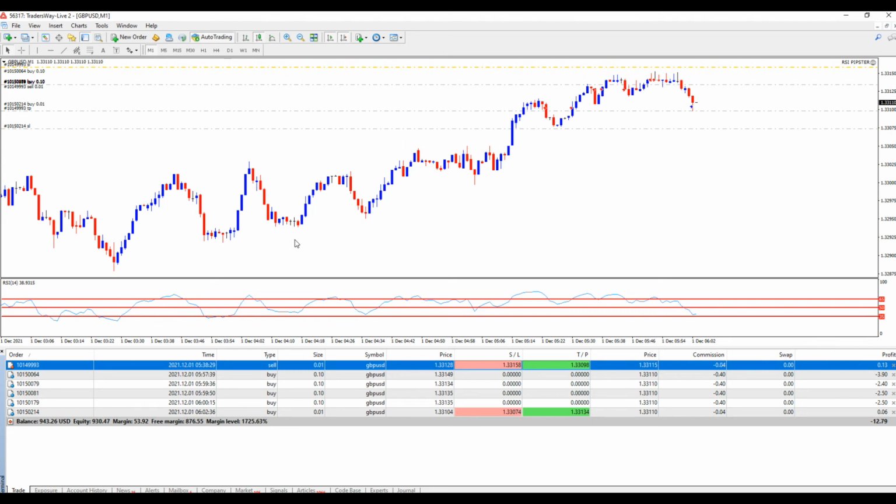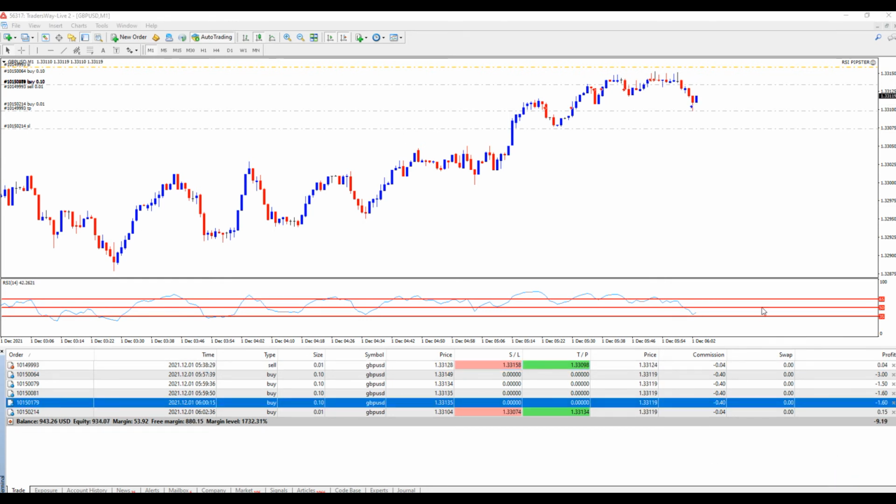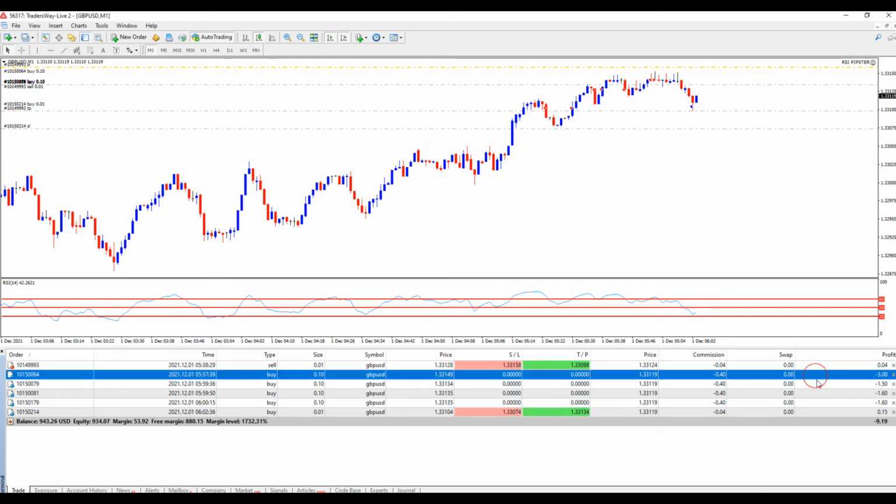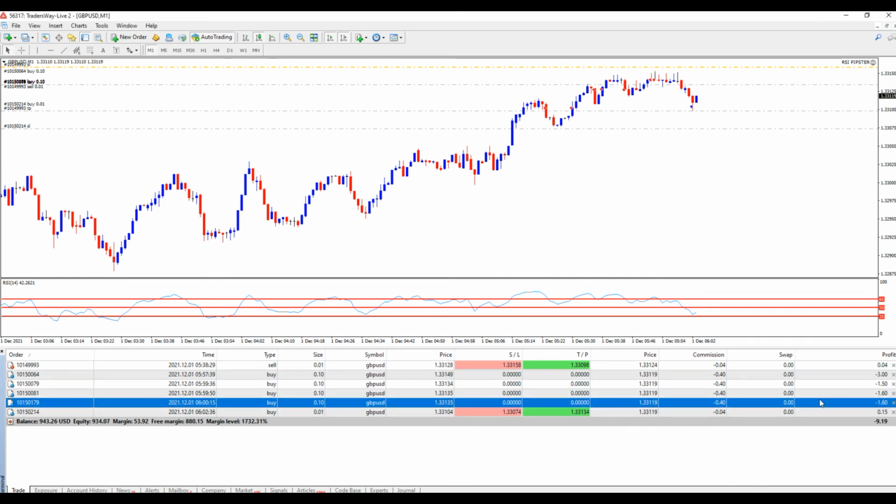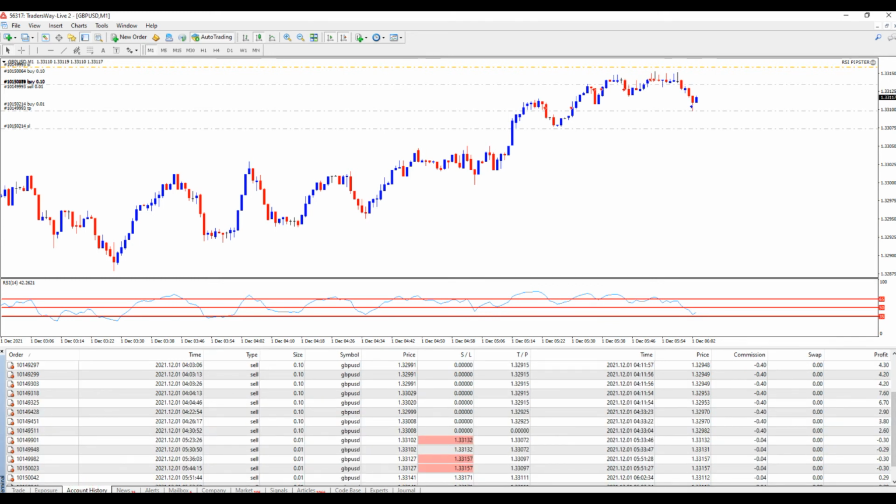Again, this is somewhat of an uptrend, so we may see the market go up just a little bit more. These few trades I put on manually, and I'm going to close those particular trades out once it gets up to about $2 or $3. I just put those trades on to take care of these initial trades.